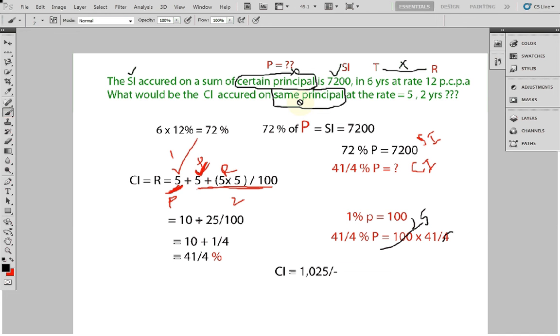We don't need to calculate the principal value. If you go for the formula I is equal to PTR by 100, it will be wasting your time. So it's very simple.